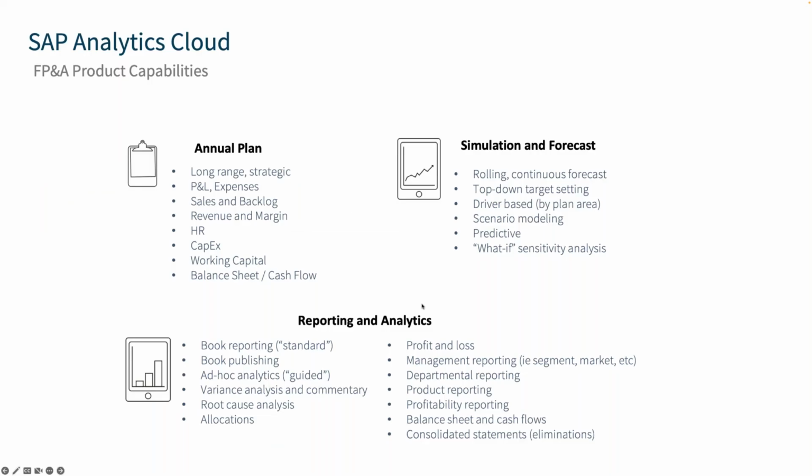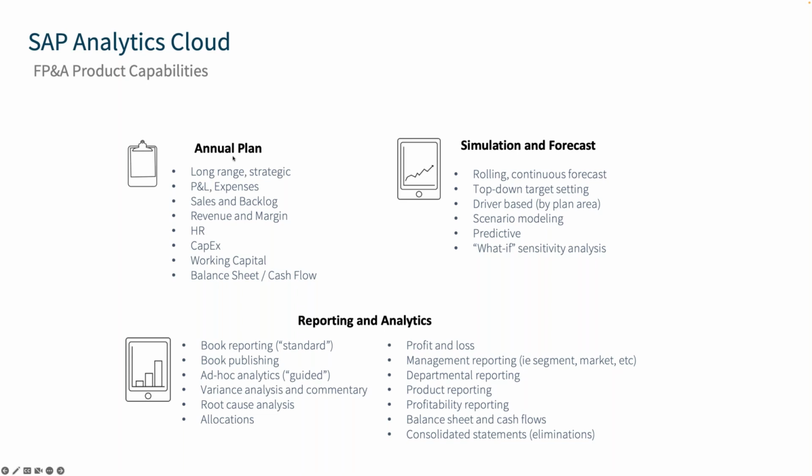Now, Analytics Cloud, just to understand for anyone here who may not be 100% comfortable with what's in there, Analytics Cloud really covers a whole FP&A, so financial planning and analytics spectrum of planning capabilities. So long range strategic plan, more of your P&L and expenses, sales and backlog.